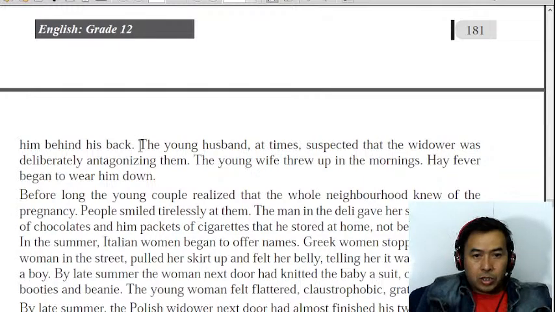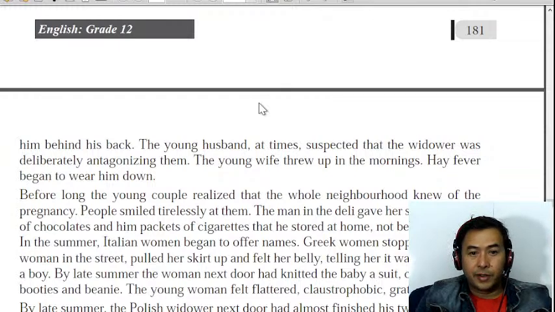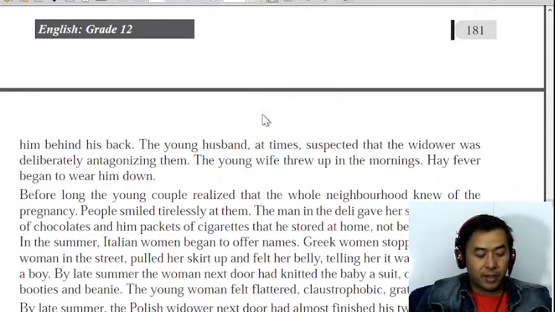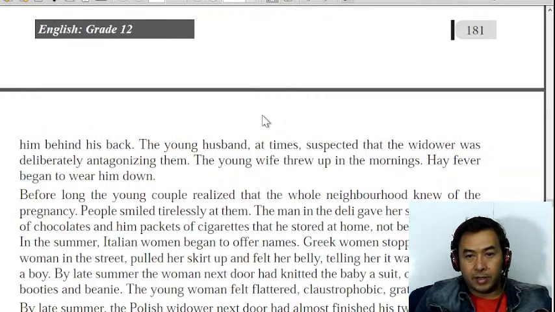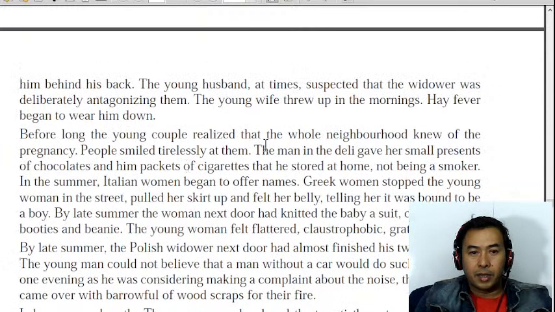So we do have a couple who did not want to have children very soon. They did not think that having children would be a matter of happiness. They remember their friends not having children, even after several years of marriage. The young husband at many times suspected that the widower was deliberately antagonizing them, meaning they are unhappy, or criticizing, or suspicious about one another.